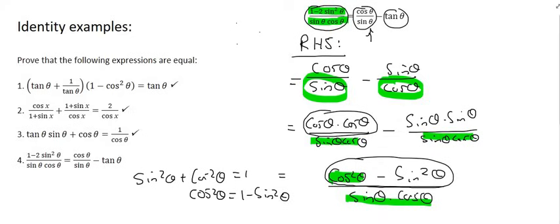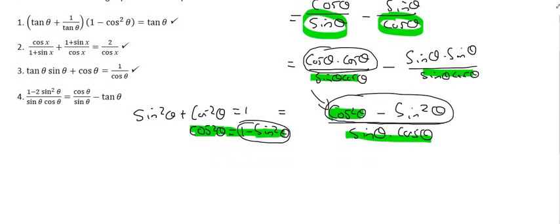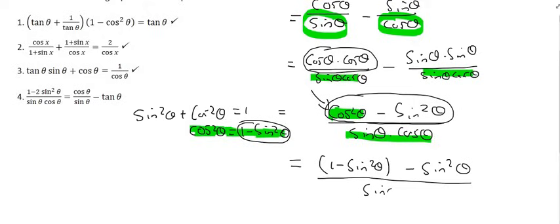What we can then do is replace this cos squared theta with that, because we've just shown over here that cos squared theta is equal to 1 minus sin squared theta. And so we can replace it. A good habit is to always, when you replace something, replace it in a bracket. So it's going to become 1 minus sin squared theta, minus sin squared theta, over sin theta times cos theta.